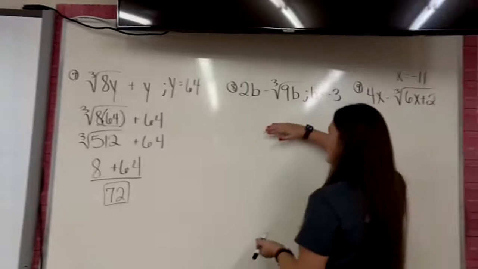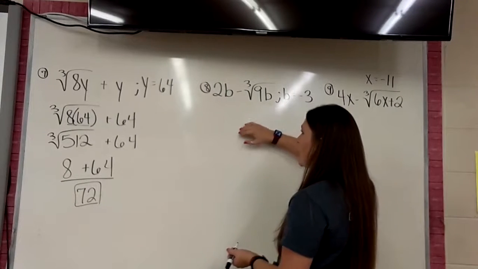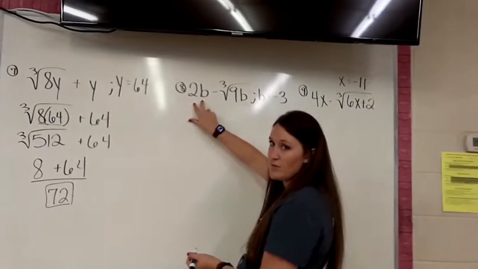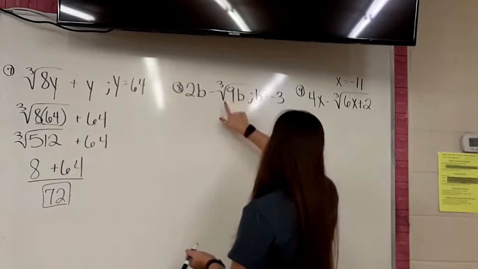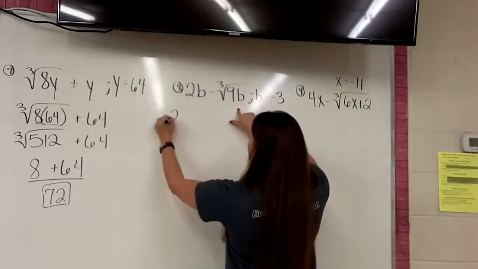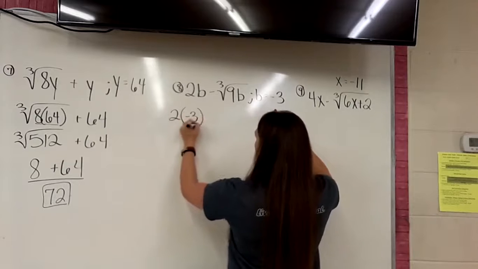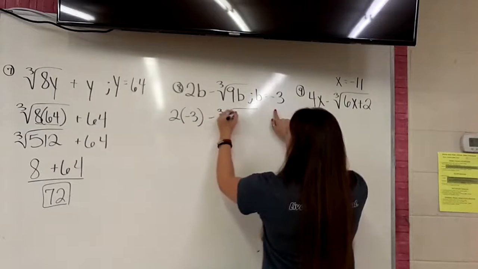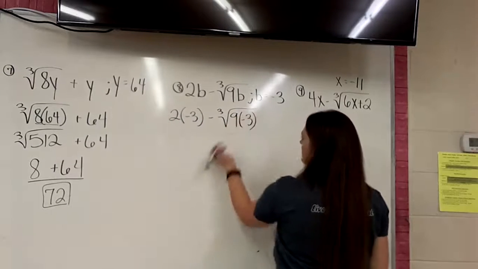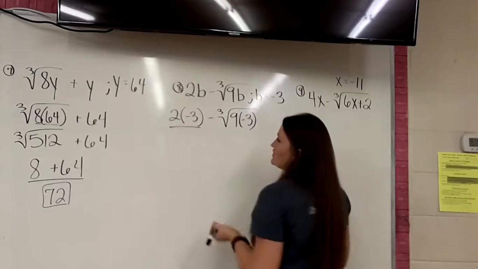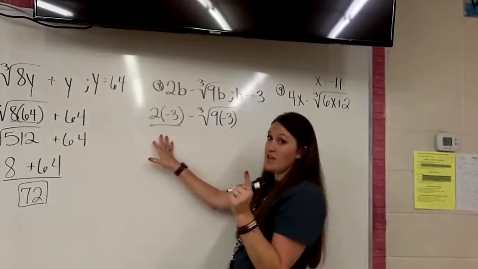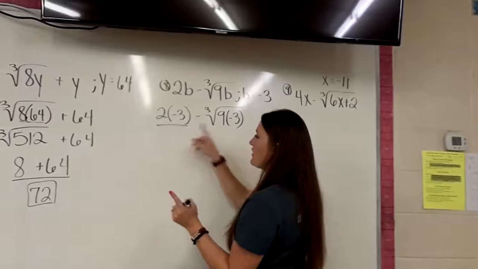Okay, example 8. First thing we have to do is rewrite it. Remember when the letter's right next to the number, it means multiply. We also have it inside this cube root. So I have 2 times negative 3 minus the cube root of 9 times negative 3. I'm going to go ahead and do this even though technically this is not the first step, but you can do this since it's being separated.